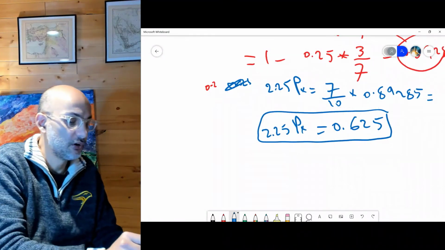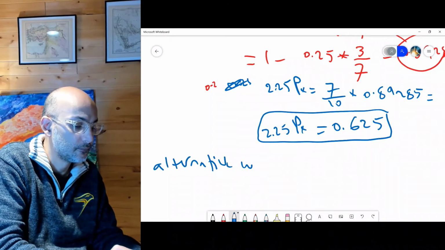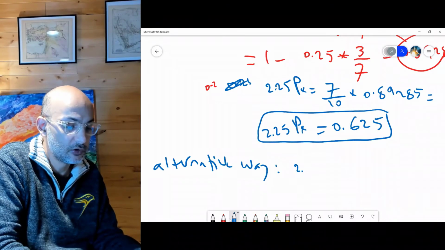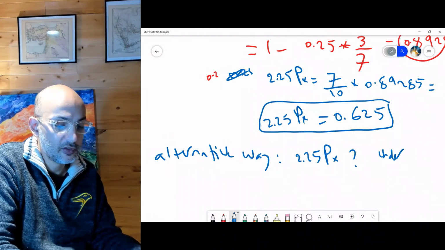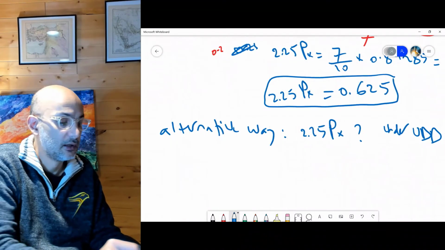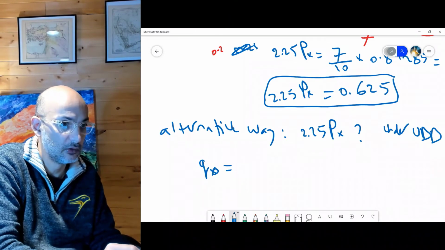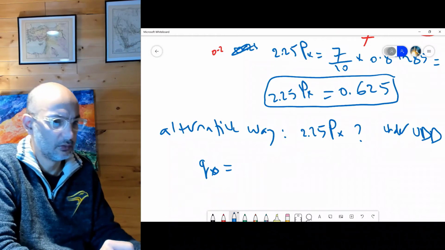Let me take an alternative way. What we are calculating is 2.25px under the same method, UDD, but we'll use an alternative way. Remember the question that we looked at, what is given to us: Q0 is, if I can remember, I can go back.